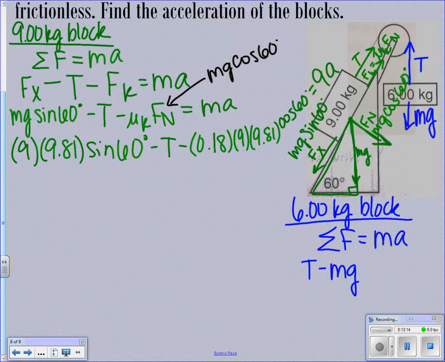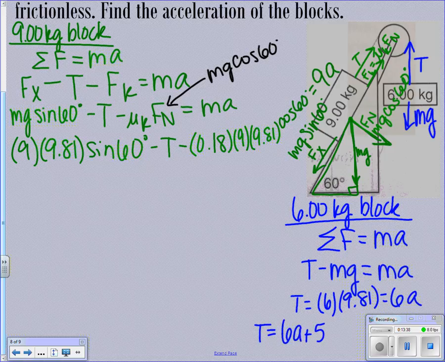So T minus mg is going to equal ma. And so we don't know our T, we know our mass is 6, gravity is 9.81, and mass is 6, and then the acceleration is a. And if you solve that for T, you get 6a plus 58.86.